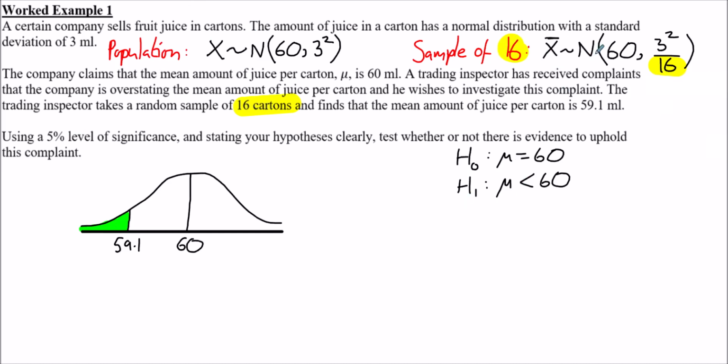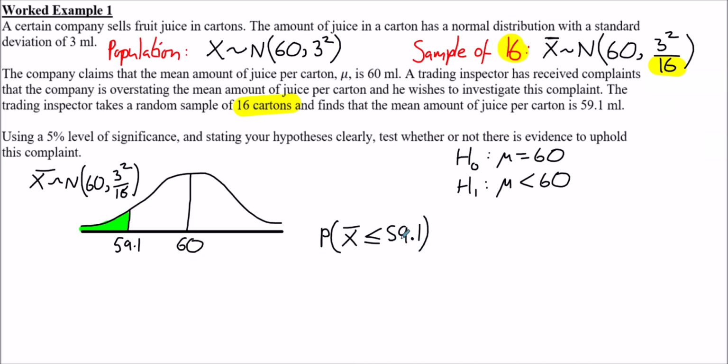Because this is a sample of 16, this is a distribution of x bar, drawn out here, x bar normal, 60 with a variance of 3 squared over 16. So we need to work out the probability of x bar taking a value of 59.1 or lower.